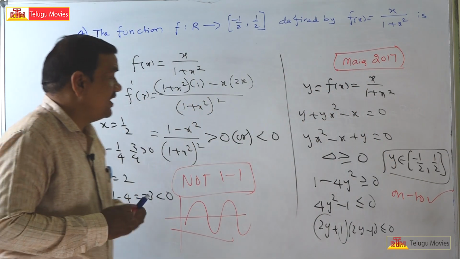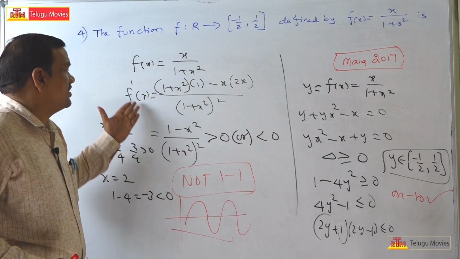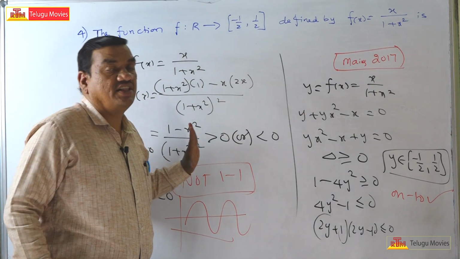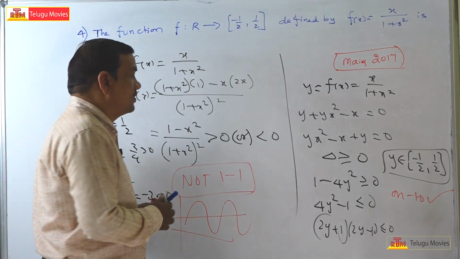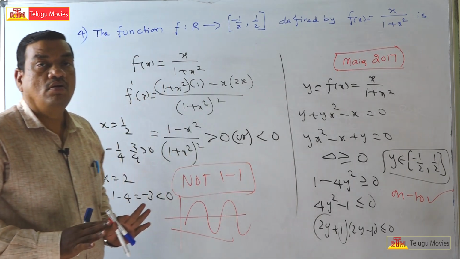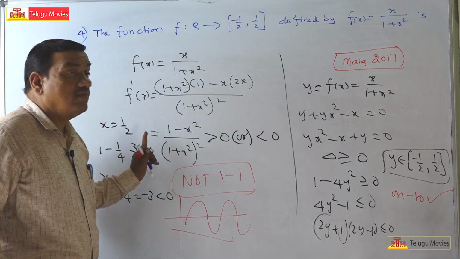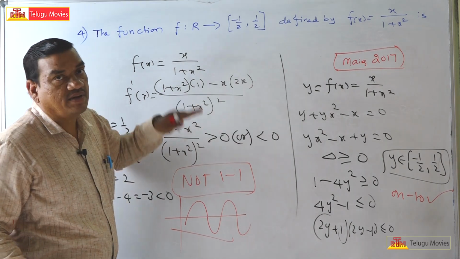Okay. So from this, what do I have to observe? Whatever the function given, first find its first derivative. The first derivative should be either strictly greater than 0 or strictly less than 0. But we are not able to decide here. Sometimes it is greater than 0, sometimes it is less than 0.